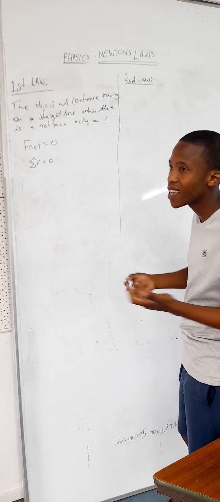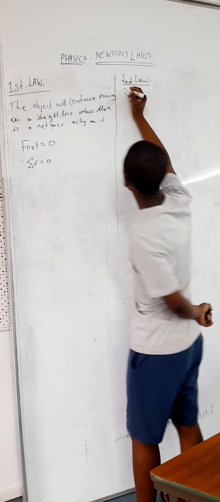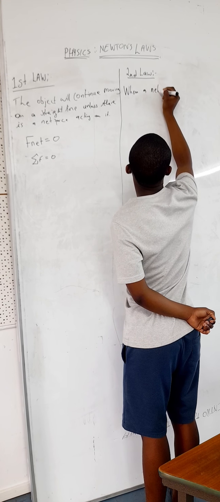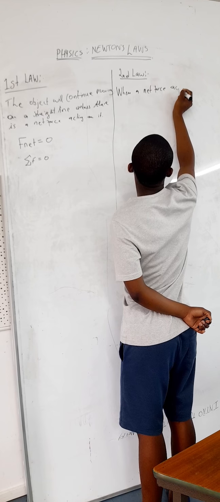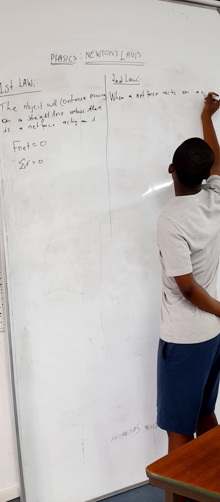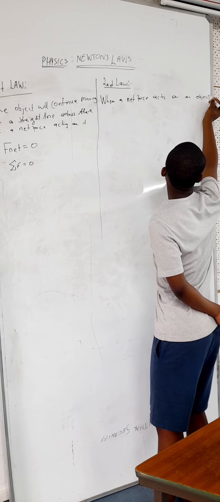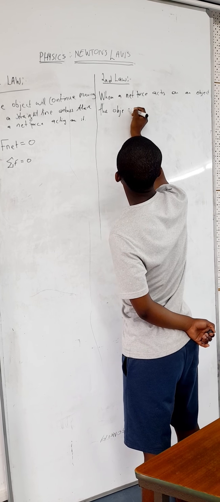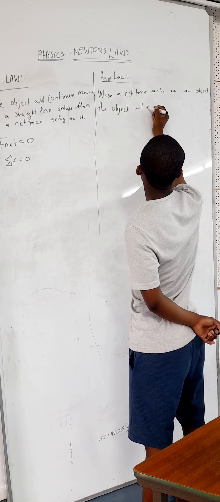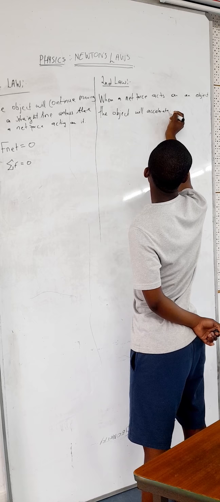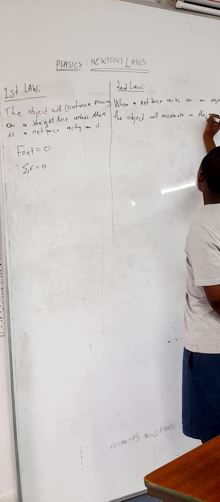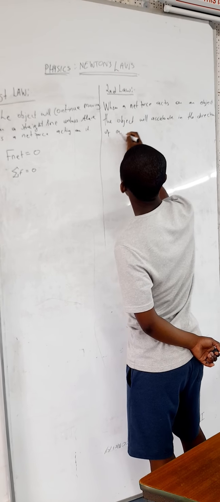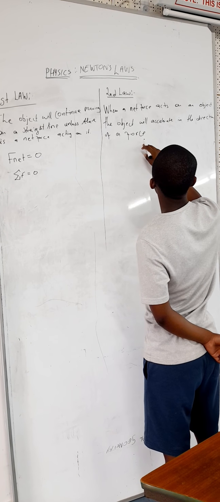So what does the second law tell us? The second law states that when a net force acts on an object, the object will accelerate in the direction of a force.